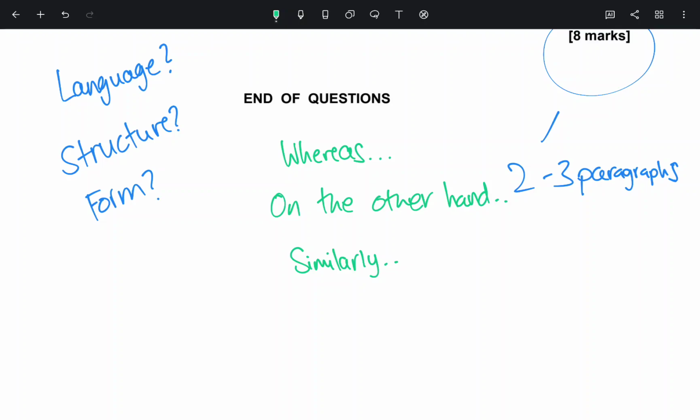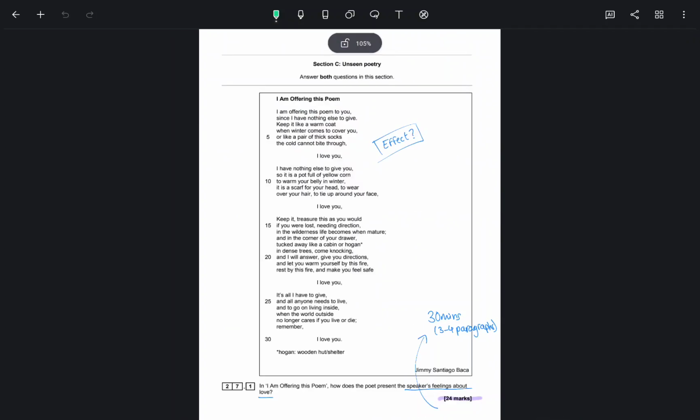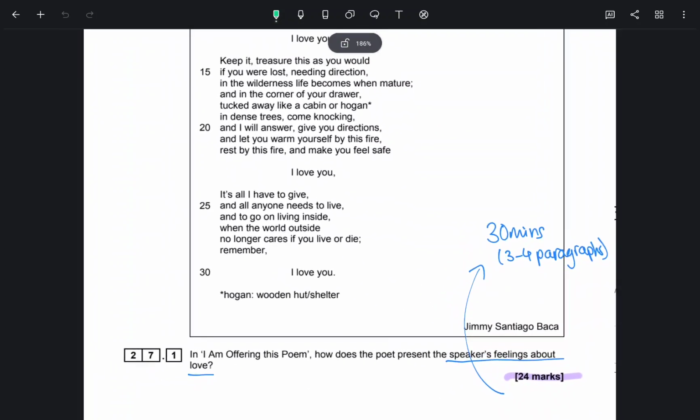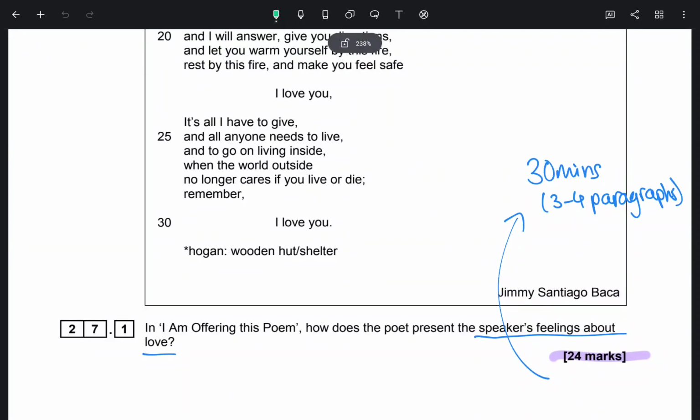And how do you improve and how do you prepare for unseen poetry? The best way to approach this question, in all honesty, is practice. Okay, I know it sounds cliche, but you need to practice, because the more practice you do, the more confident you'll be, and it's something that will help you maximize your marks. And if you are unsure of how to approach the unseen poetry, I have created a video, a cheat sheet on how to answer any unseen poetry question using a special acronym.